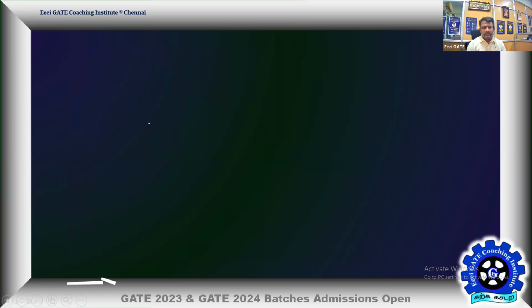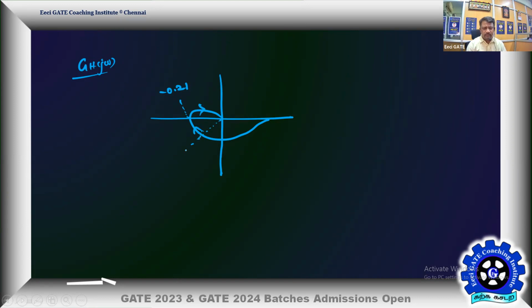So let me take this GH of j omega's polar plot like this. This is where it is cutting the unit circle. This point is given as minus 0.21. This is the point where it is cutting the unit circle, given as minus 0.77 minus j0.64.